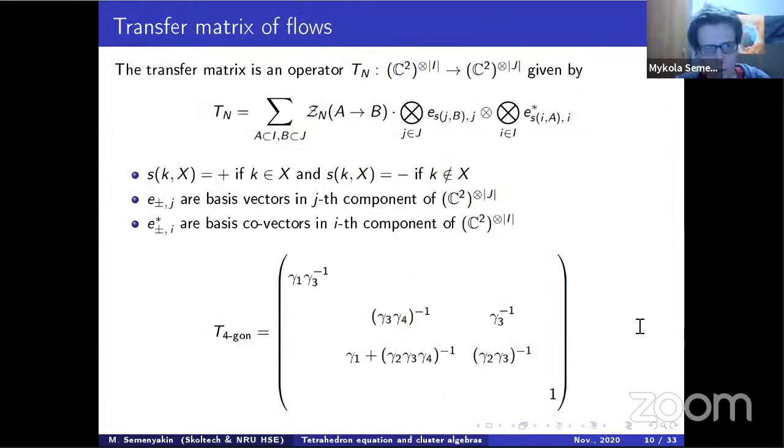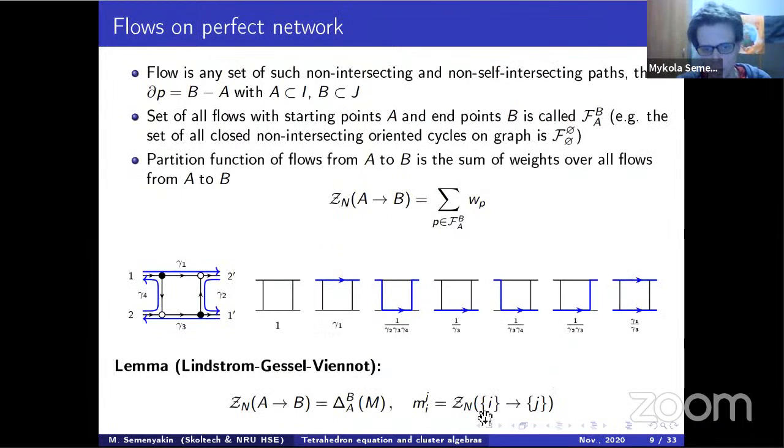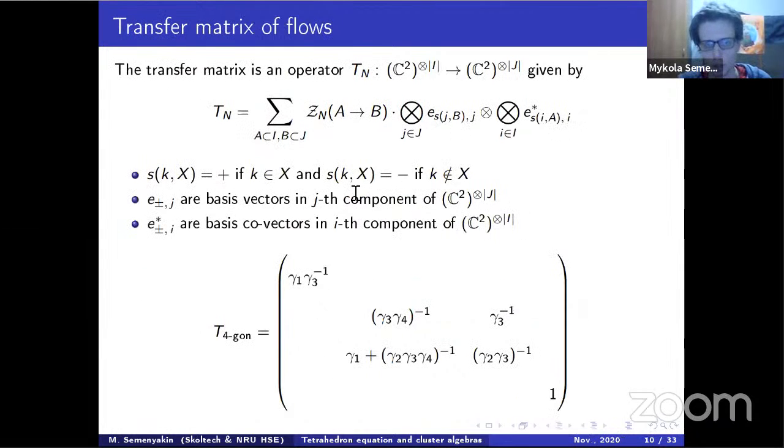And the last object is a transfer matrix, which is just a matrix which contains all these partition functions in an ordered way. This is an operator which acts from C^2 to the power of the number of sources to C^2 to the power of the number of sinks.